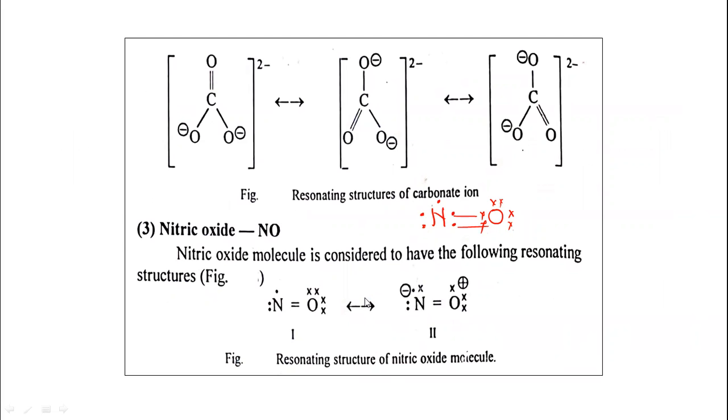Once again, you have to see here. The nitric oxide molecule cannot be described by a single structure. It can be represented by 3 structures now.